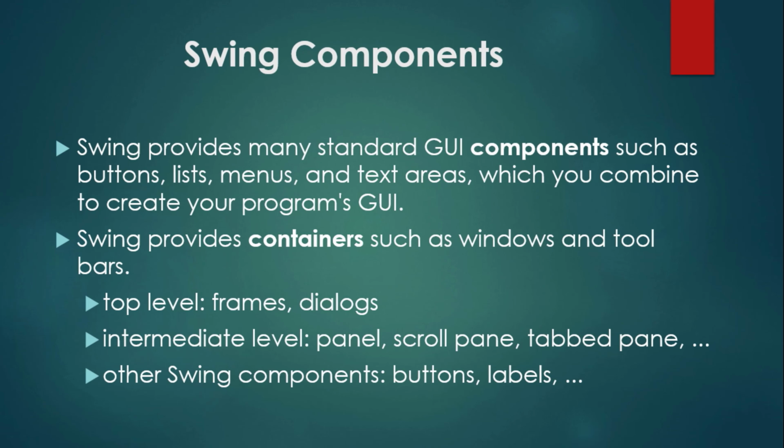Now this slide is going to explain the different containers and components available in Swing. Containers are nothing but what is going to hold your components. For example, your bag is a container, and inside that whatever books and other material you are keeping are components.